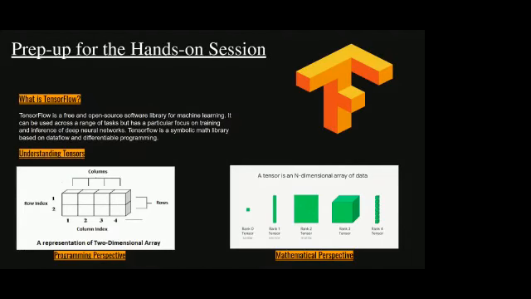Like I said yesterday, our data is usually in the form of a multi-dimensional array. And from a mathematical perspective, a tensor is a generalization of a scalar, vector and matrix. Essentially, a vector is a one-dimensional tensor and a matrix is a two-dimensional tensor.